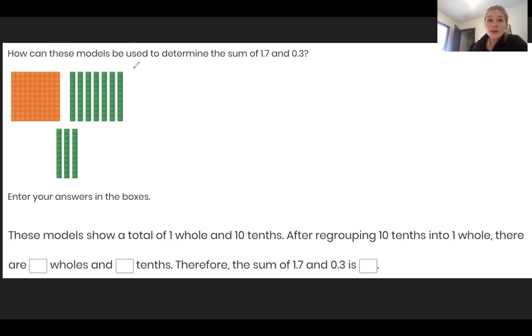How can these models be used to determine the sum of 1 and 7/10 and 3/10? Sum means addition. So how could you use these?